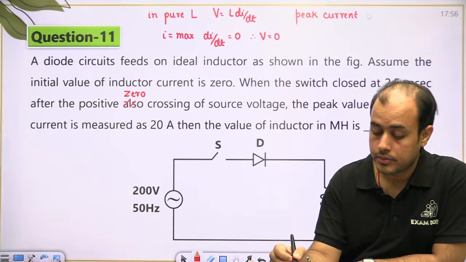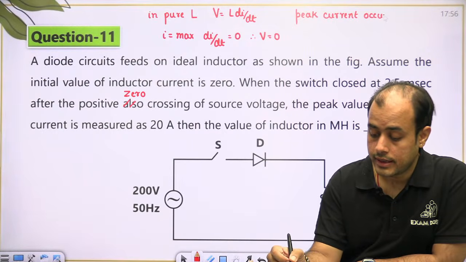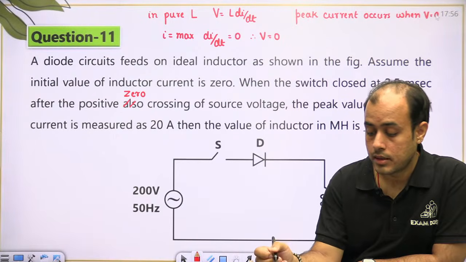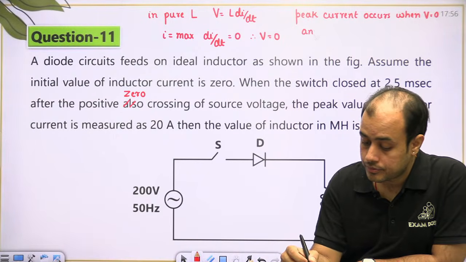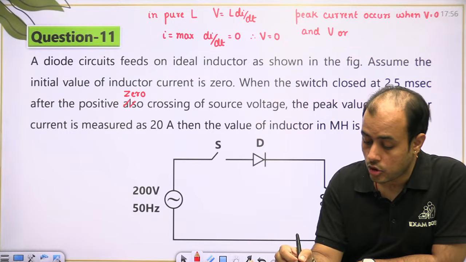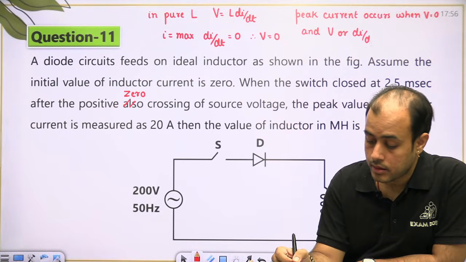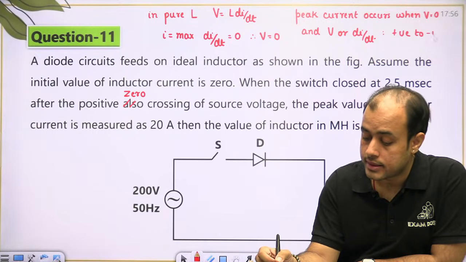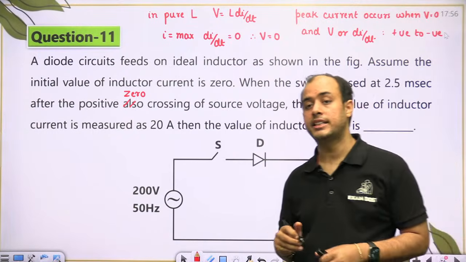So peak current occurs when voltage is 0 and voltage or di by dt goes from positive to negative. This is the concept of maxima, beta.